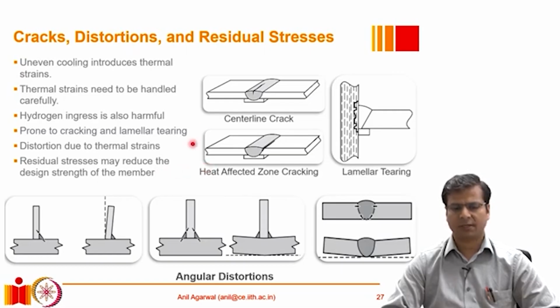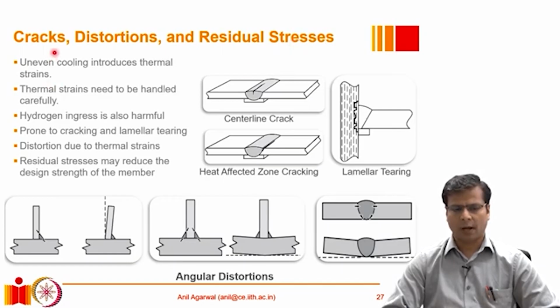thermal stresses that are introduced during the welding process can bring in some defects and some kind of distress in a welded joint. The issues that arise out of those thermal processes can be categorized into three broad categories: the development of cracks, distortions, and residual stresses in welded members.